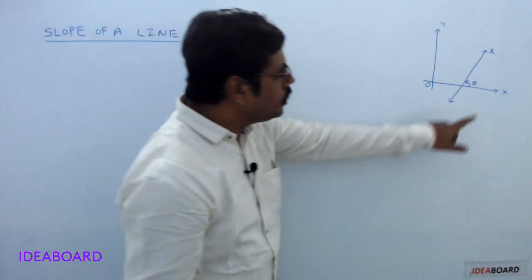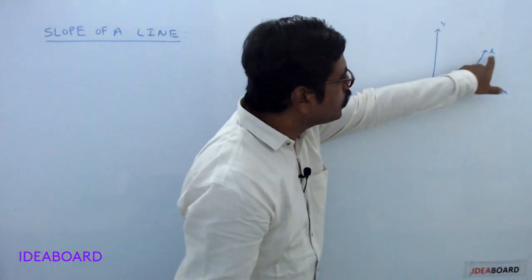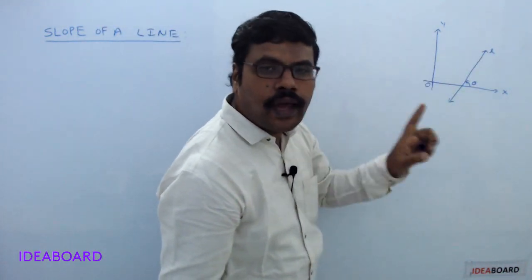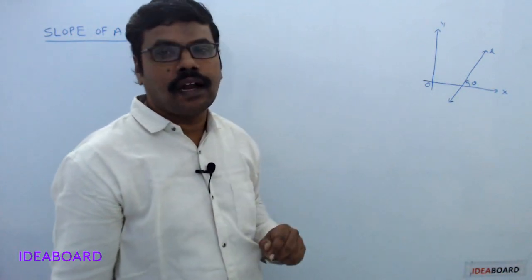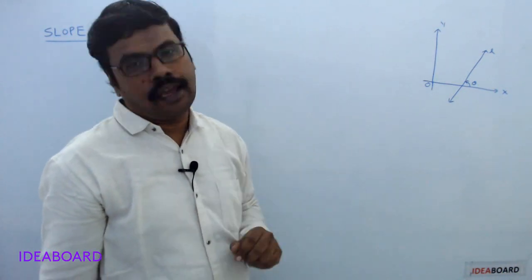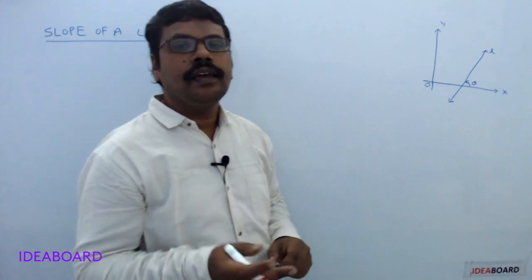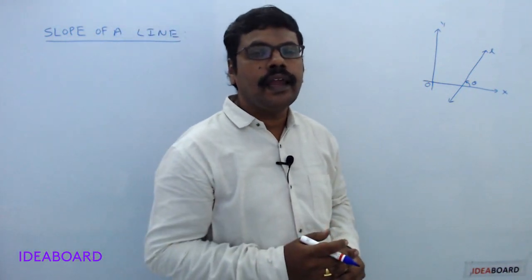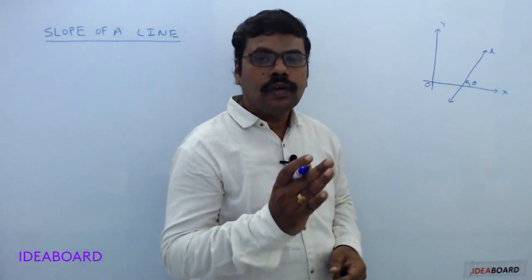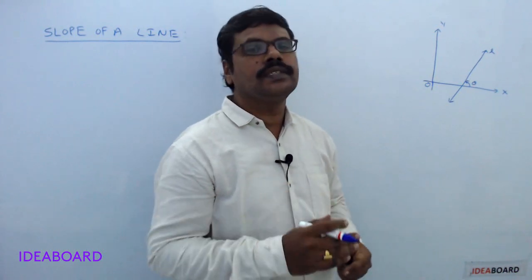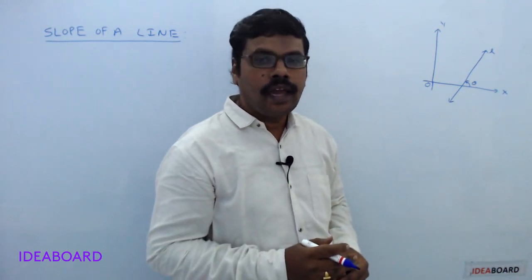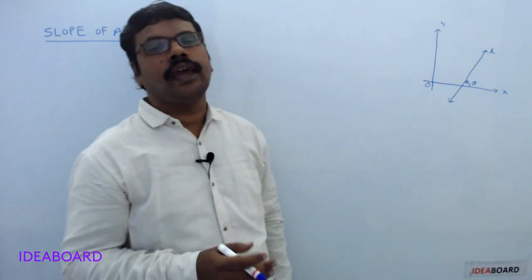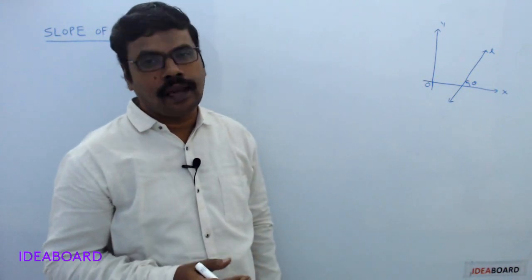Slope of a line is also called gradient of a line. Slope of a line is denoted with a letter m.